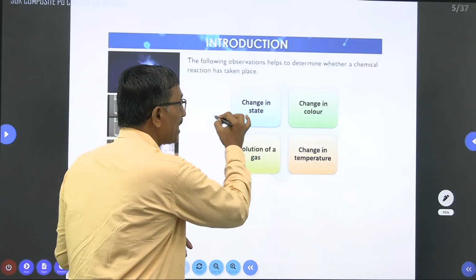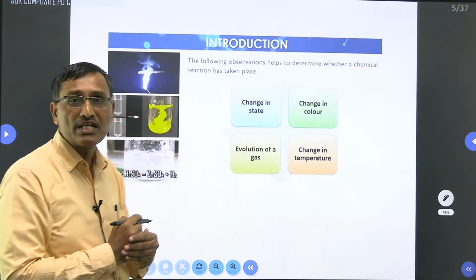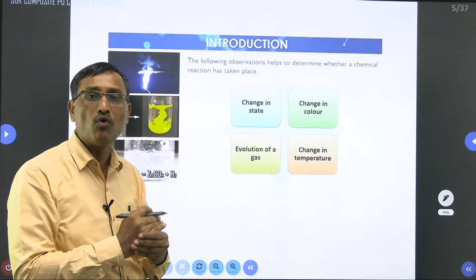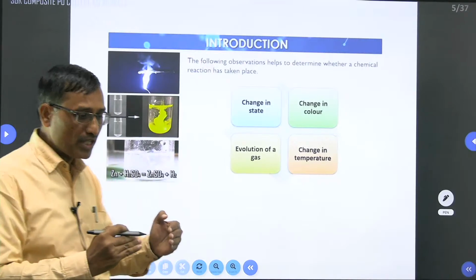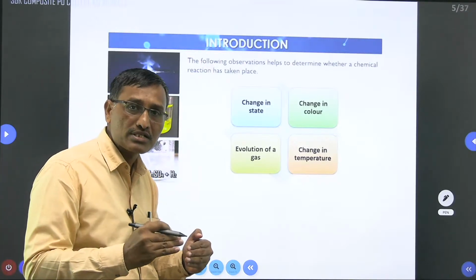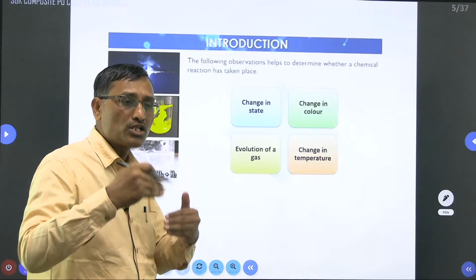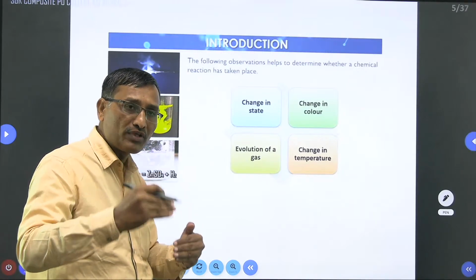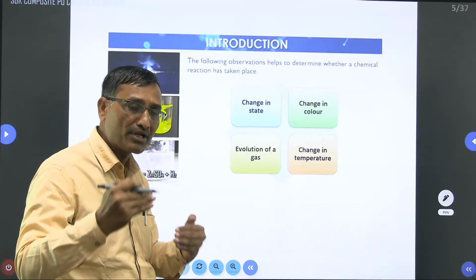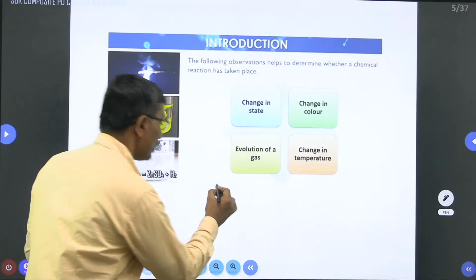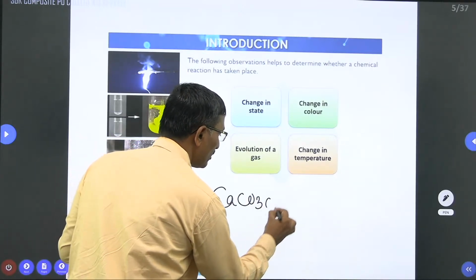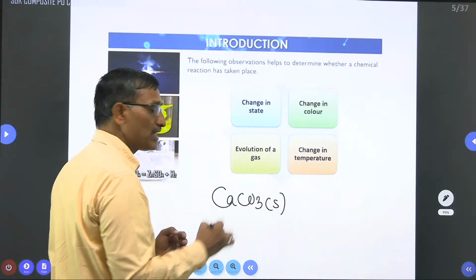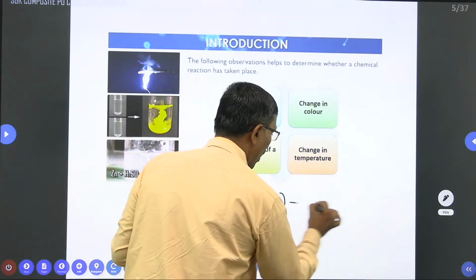See, first there is a change in the physical state of the chemical substances involved in a reaction. Maybe a solid substance gets converted into a solid along with gas that is liberated. For example, if you take CaCO3, the reactant is in a solid state.